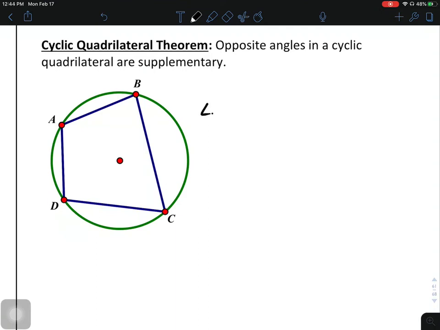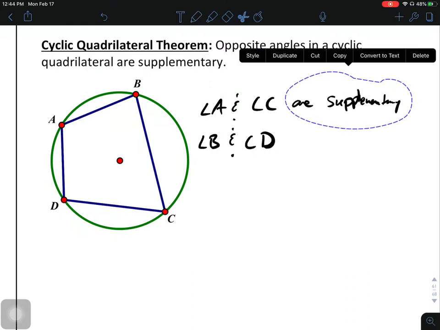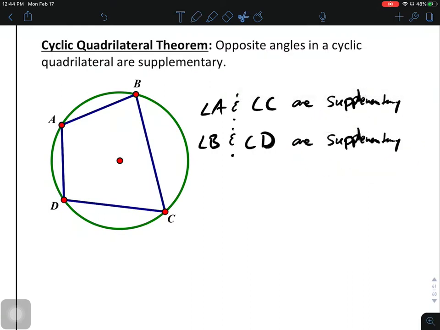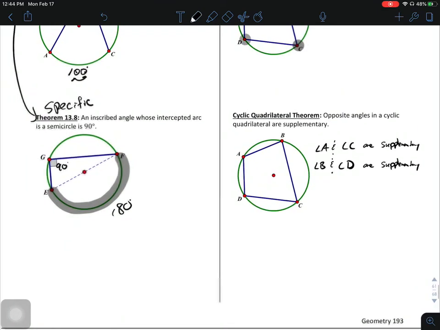So that means angles A and C are supplementary. Likewise, angles B and D are supplementary. Supplementary means, remember, if you add up their measures, you're going to get 180.